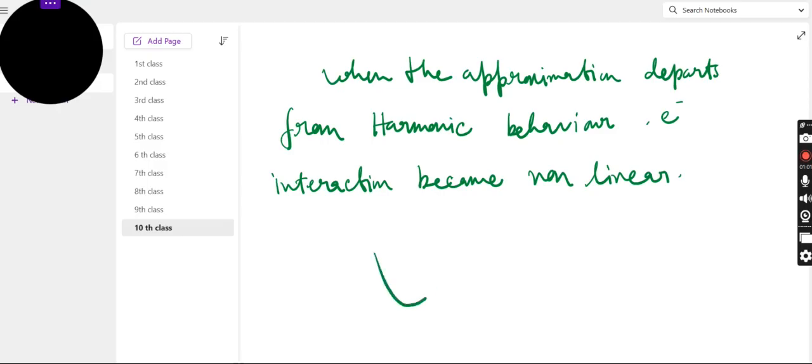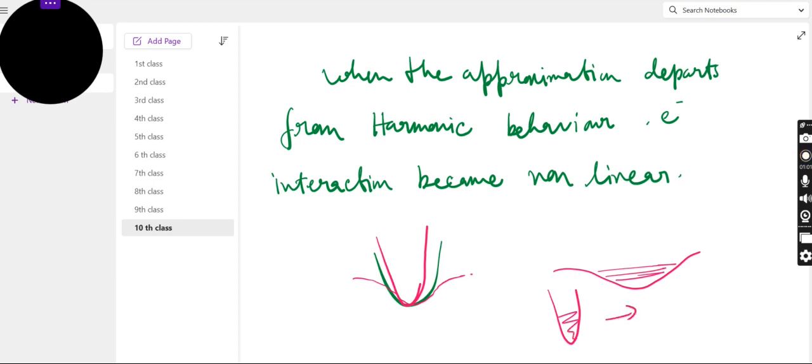So this is harmonic. If you add a quadratic term or subtract a quadratic term, it becomes like this or like this. When an electron moves in this kind of potential, it behaves non-linearly.